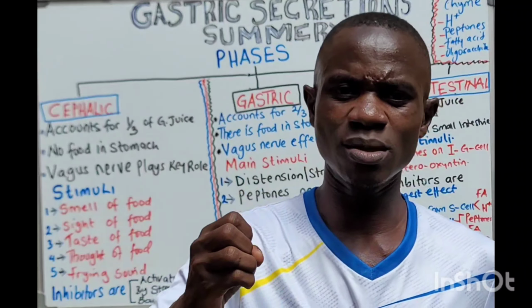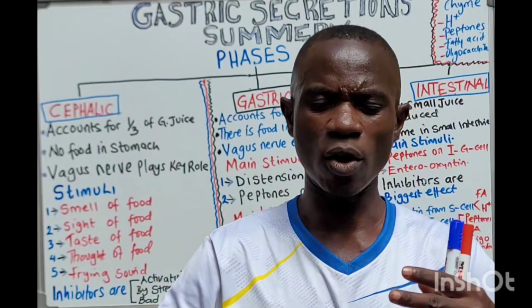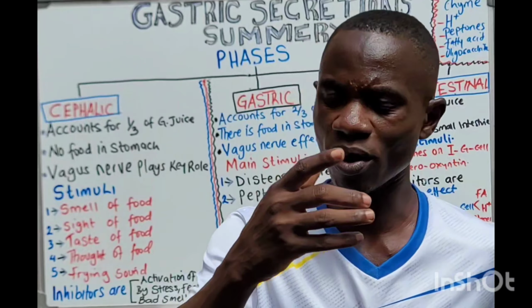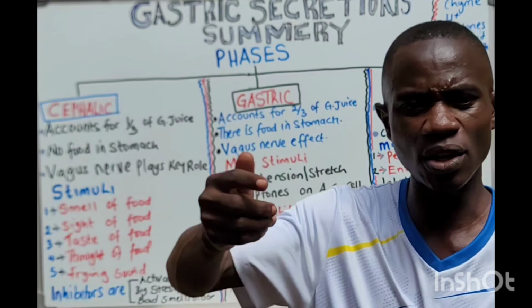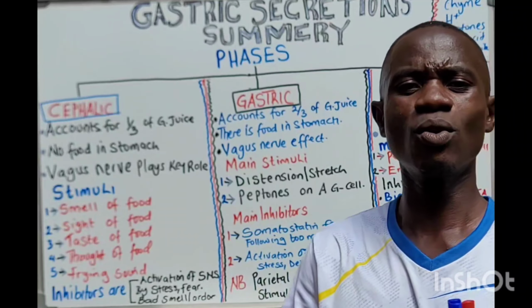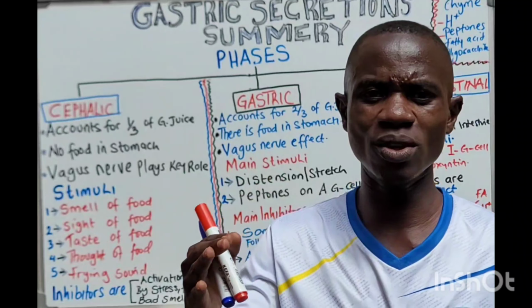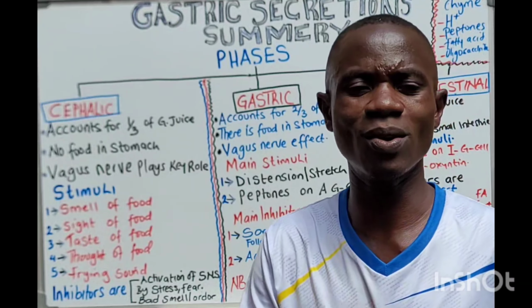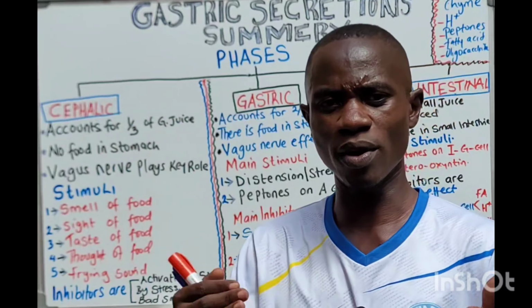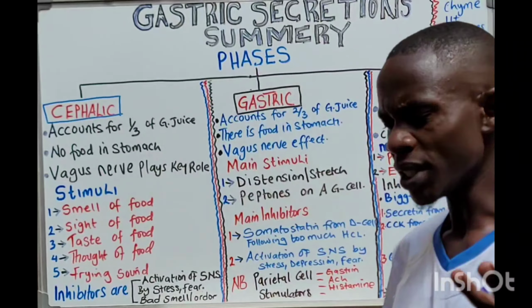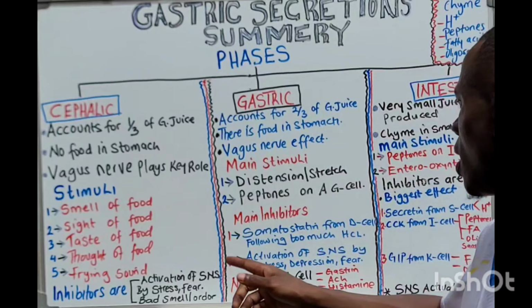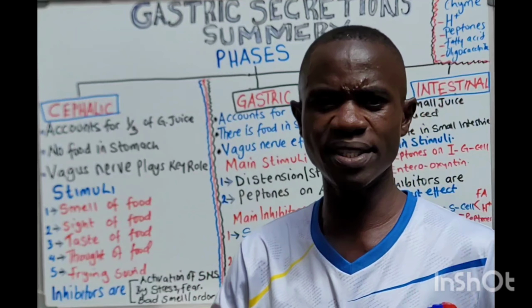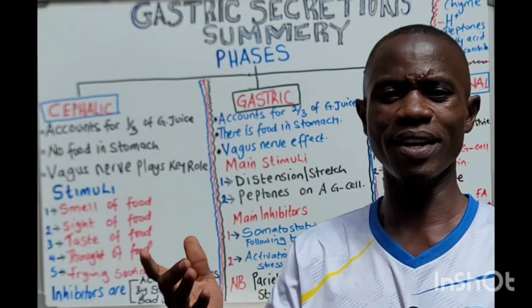When these G cells are stimulated by peptones, they release a molecule called gastrin, which moves into the blood and stimulates different cells within the gastric gland, like the chief cell and the parietal cell, to produce their own secretions. Okay. This is also such another beautiful thing. So now, peptones is also one of the main stimuli of gastric secretion during the gastric phase.